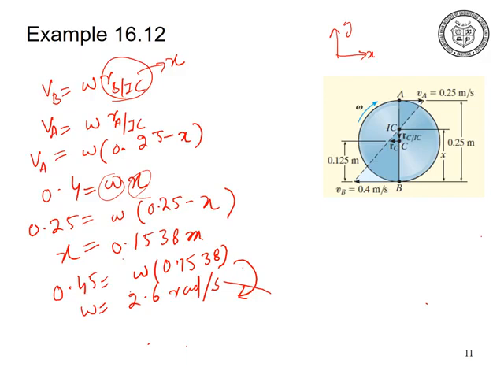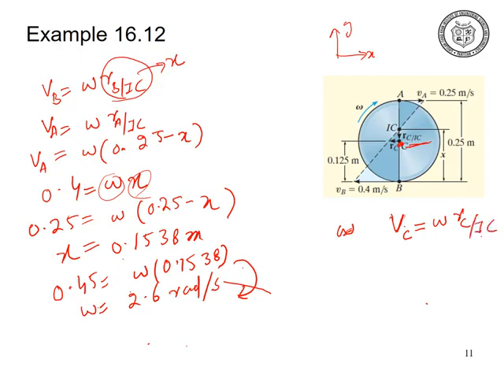Okay, now let us say that this is the point C. We have to draw the position vector from the instantaneous center to point C, which is RC with respect to IC. What is the velocity for this particle C? VC is equal to omega times RC with respect to IC.